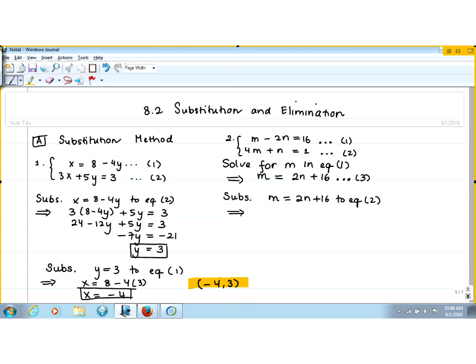So what do I have in equation 2? So 4m, but I'm not going to write m. What am I going to write? Plus n is equal to 1. All right. So practically, I'm only replacing m by 2n plus 16. Now what? 8n plus 64 plus n is equal to 1.